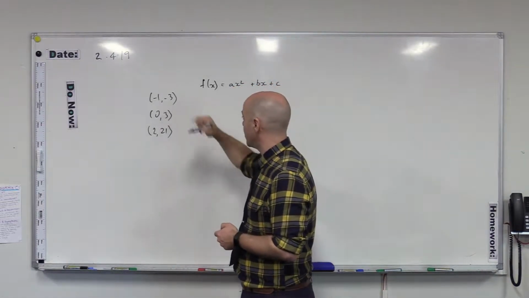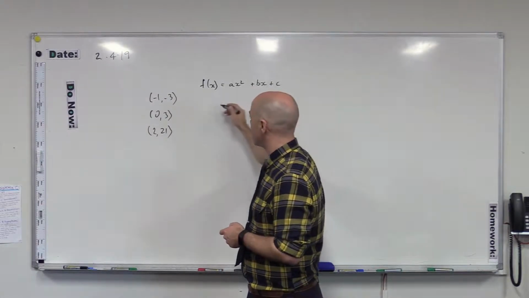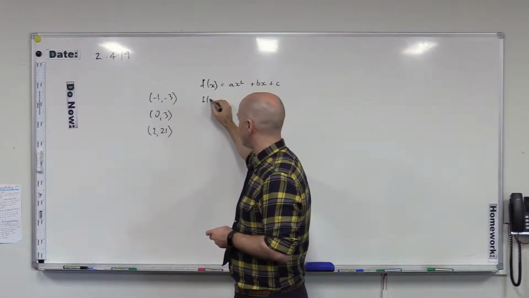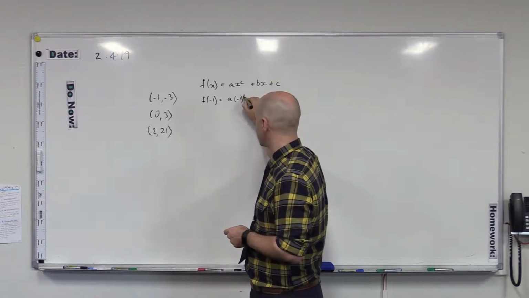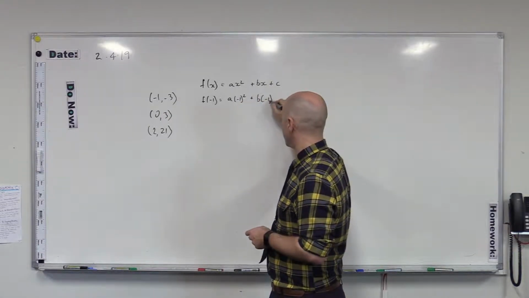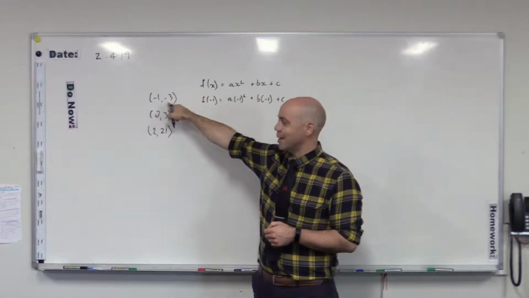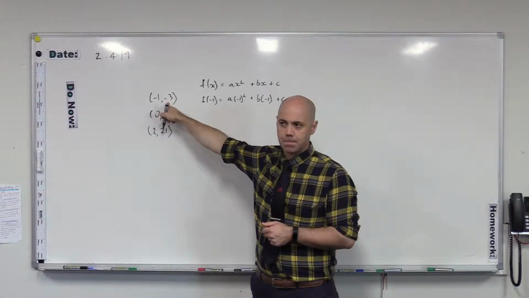So I start just by putting each one of those points into our function of general form. The first one, I'm going to put the function of -1. So it's a(-1) squared plus b(-1) plus c. But I also know what the function equals at that point, because that's the y coordinate of this point.